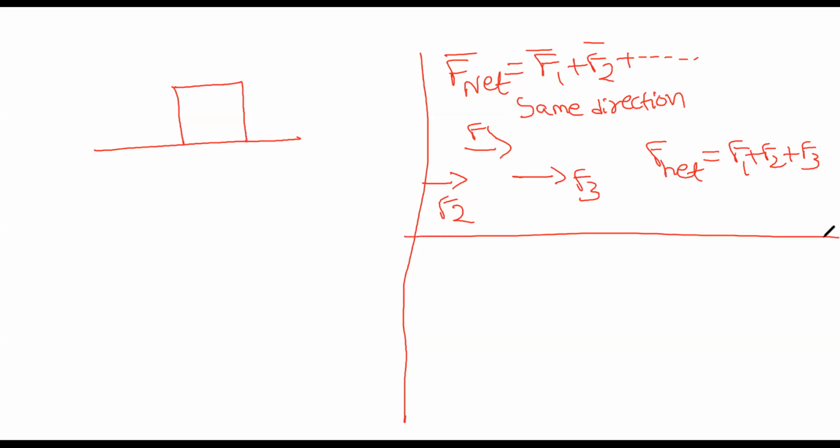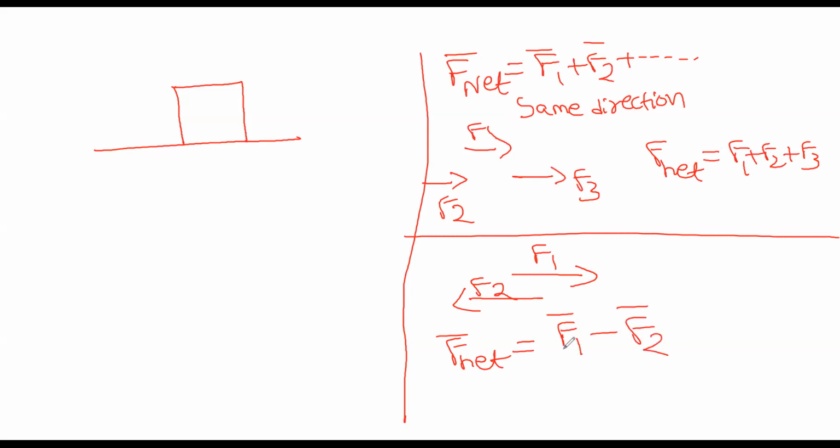Now the second one. When the forces are in opposite direction, F net is F1 minus F2. It depends upon which force. If you are taking F1 minus F2 and you are getting a positive value, it means the net force is along F1.